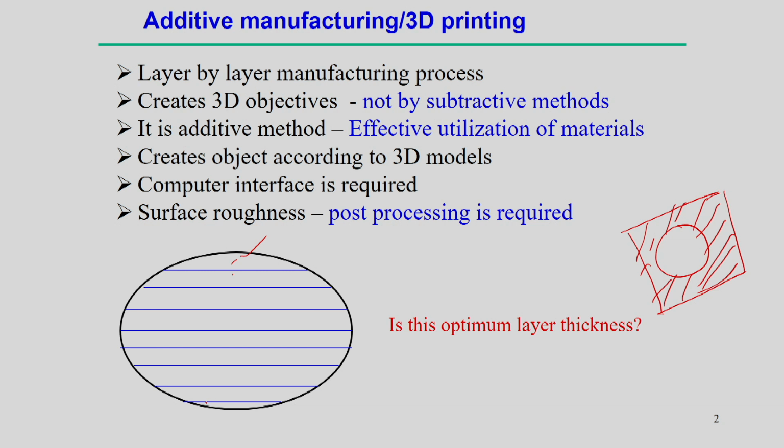Now, in this case, after slicing, first we can produce this layer. Once we develop this layer and deposit it, then we can create the next layer.